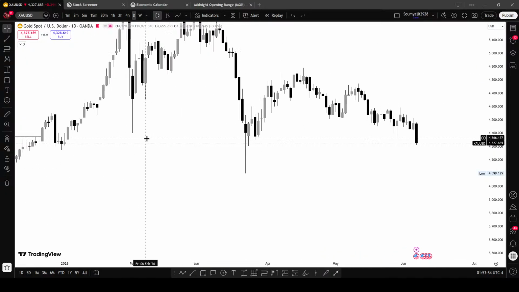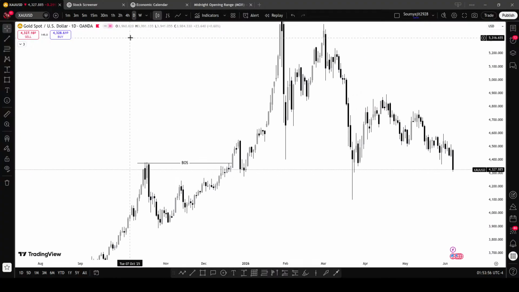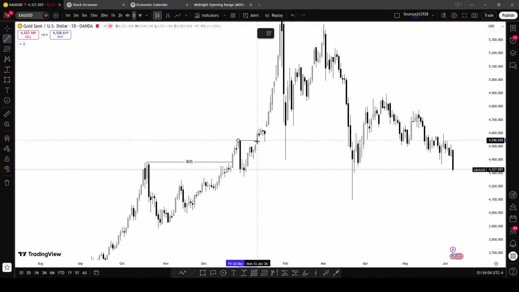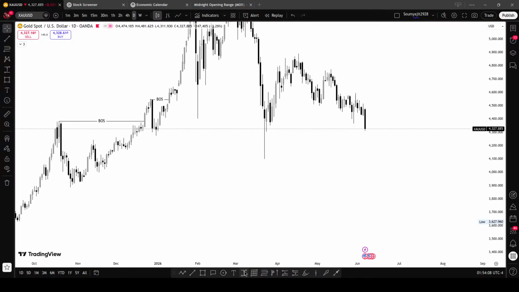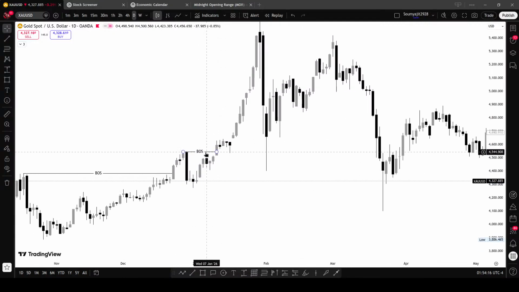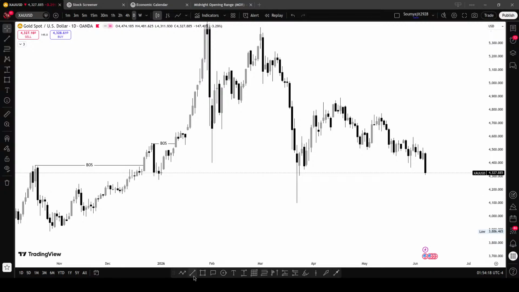We will go to daily. On the daily time frame, we have this major breakout structure, and this one is internal. But I will consider this swing for me, as it is more than 2000 pips in retracement.